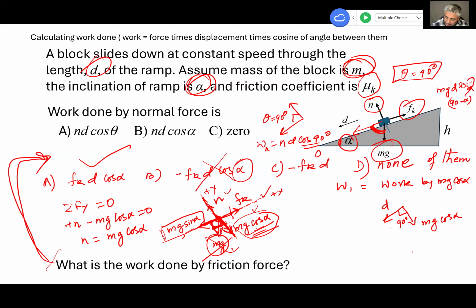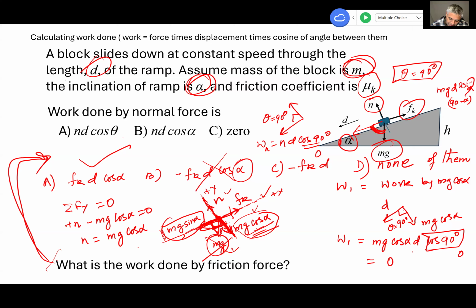So theta is 90 degrees. Whenever that happens, the work done by mg cosine alpha is the force itself, mg cosine alpha, times d, times the cosine of the angle between them, which is 90 degrees in this case. Because that cosine is 0, the work done by that component is 0. This force is perpendicular to the displacement, so the work done by it is 0.